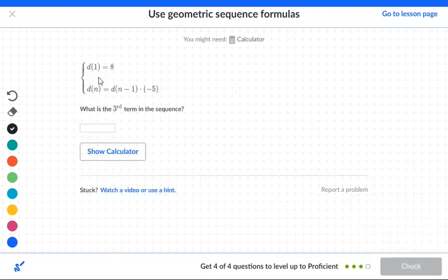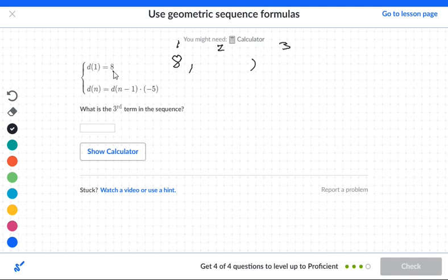Okay, here again, looks like we have two parts of the formula. We want to find the third term in the sequence. So this is the first number that we're dealing with, and we want to work it to the third term in the sequence. So we're going to have an 8 here. That's our first. Then we're going to have our second, and then our third, because we only have to go to 3.